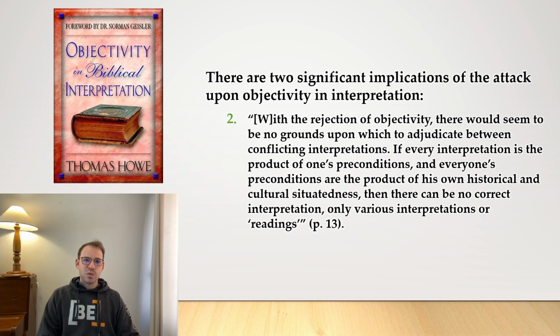And this takes us back to what Tom Howe said earlier as well, that if we must reject the possibility of arriving at an objective interpretation of the Bible, then we lose the very ground upon which we can adjudicate between different interpretations.